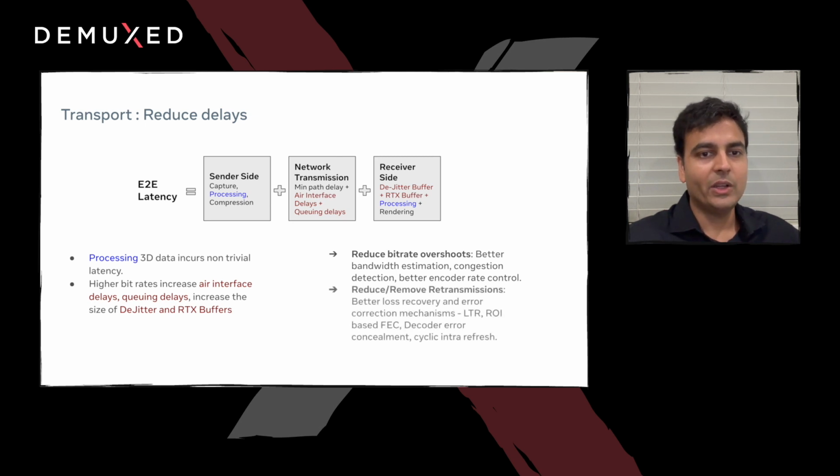The second thing we can do is reduce and remove the need for too many retransmissions. By deploying better loss recovery and error correction mechanisms, we can reduce the size of buffers needed on the receiver side and reduce the end-to-end latency. All of the examples mentioned here are pretty common in literature, but the adoption is low. For example, WebRTC still uses GCC and relies on retransmissions for error recovery.